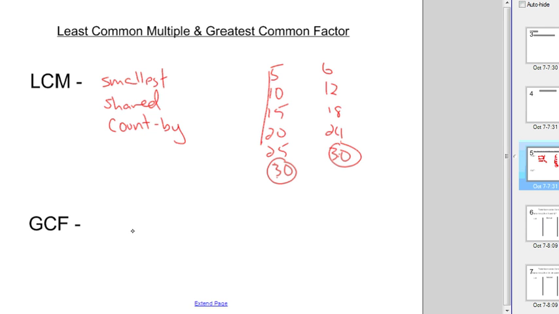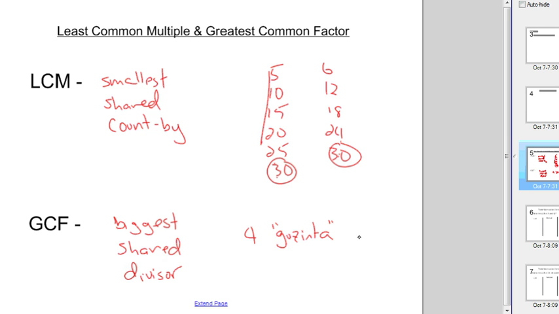Now GCF, greatest common factor. G for greatest, which will translate to biggest, not a shock. Common again is shared, which means it's amongst all the given numbers, and factor is a divisor. Like 4 is a factor of 12 because 4 goes into 12.